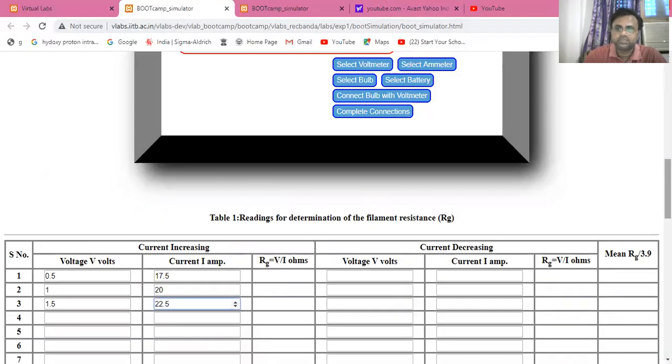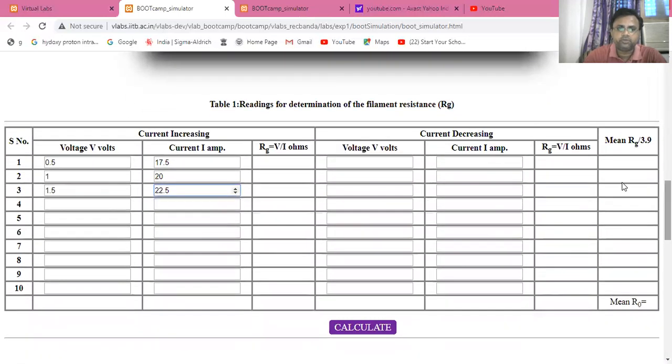For increasing 0.5 volt, at 2.5 volt the current is 27.5. At 3 volt it will be 30, and at 3.5 volt it's 32.5.